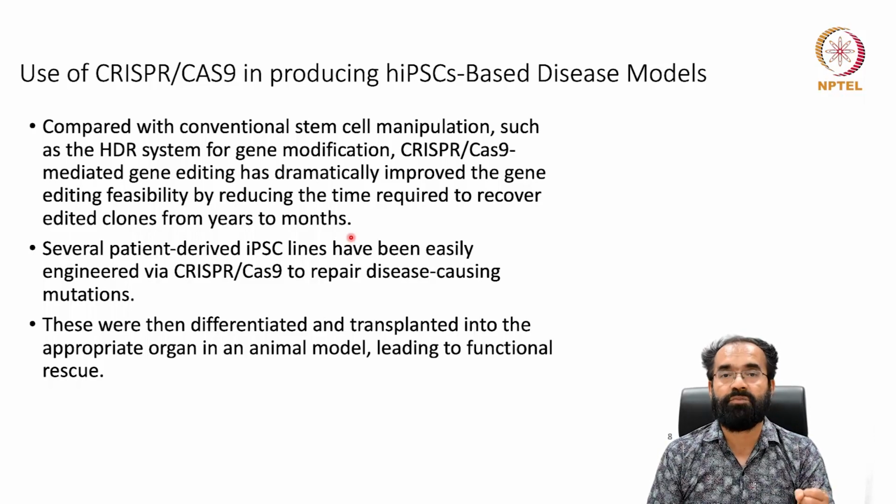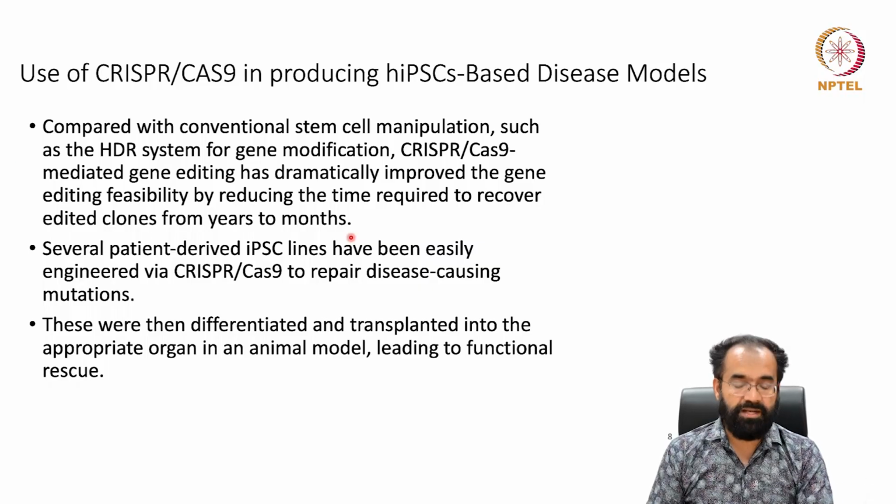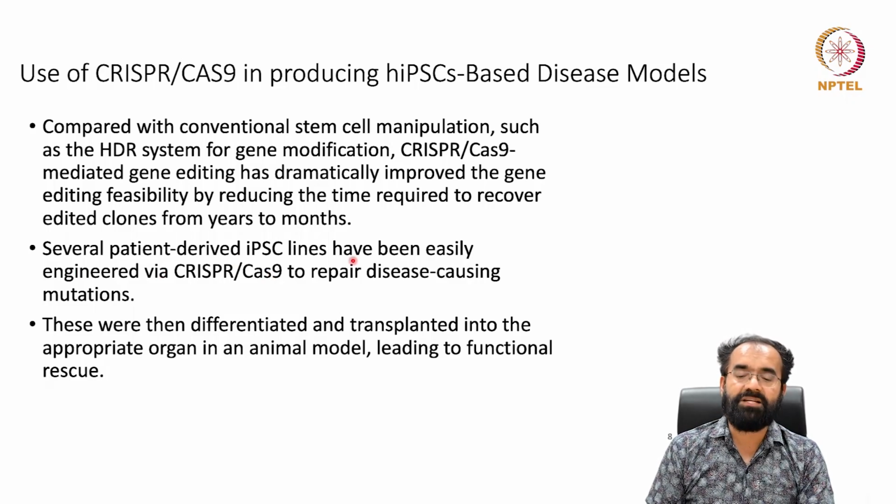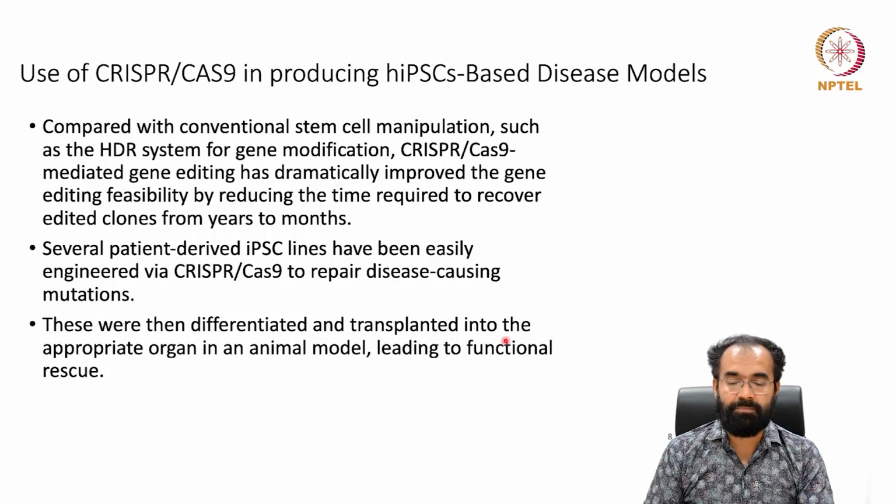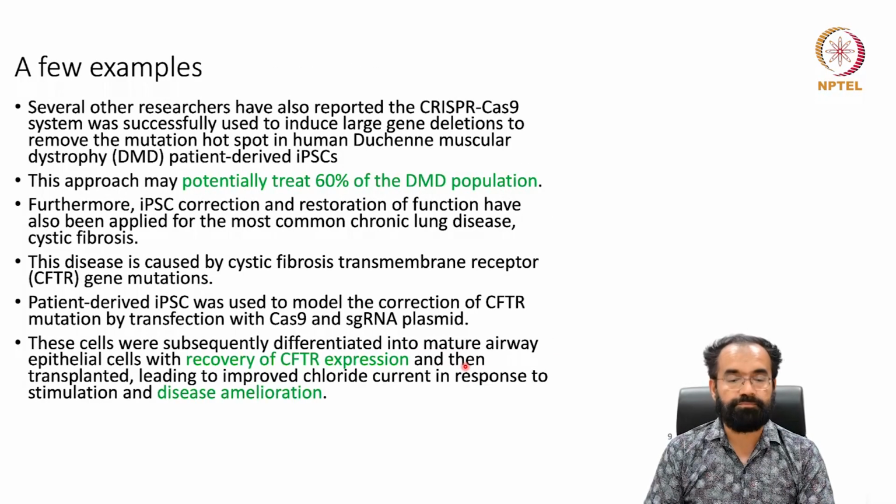Now you can do it in a matter of a few months. It is so easy if you want a modification in the genome using the CRISPR-Cas9 approach. Several patient-derived iPSC lines have been easily engineered via CRISPR-Cas9 to repair the disease-causing mutations, which I already told you. These were then differentiated and transplanted into the appropriate organ in an animal model, leading to functional rescue.